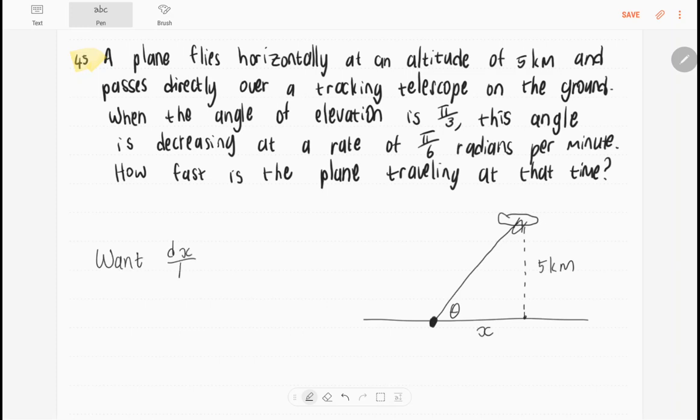So we want dx/dt when the angle of elevation is pi over 3.